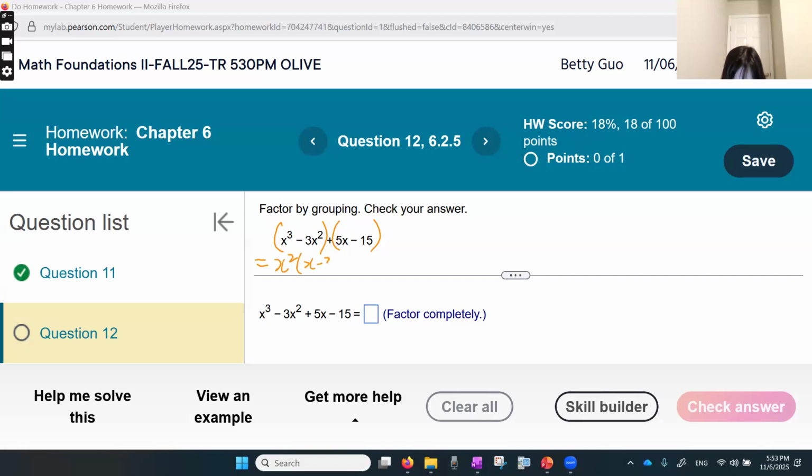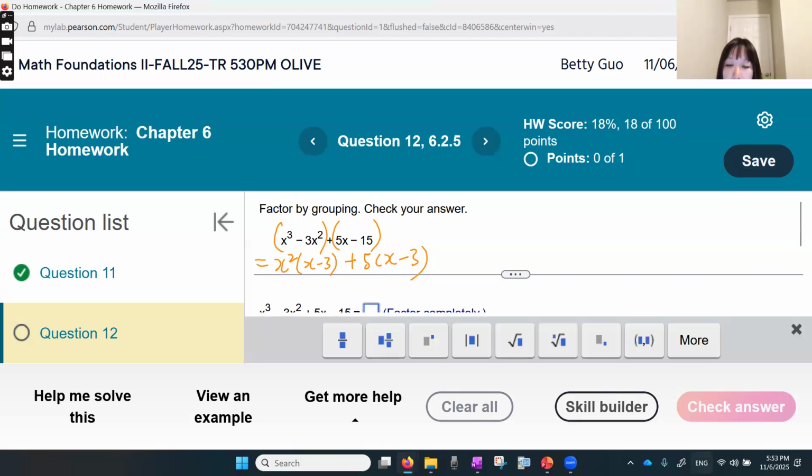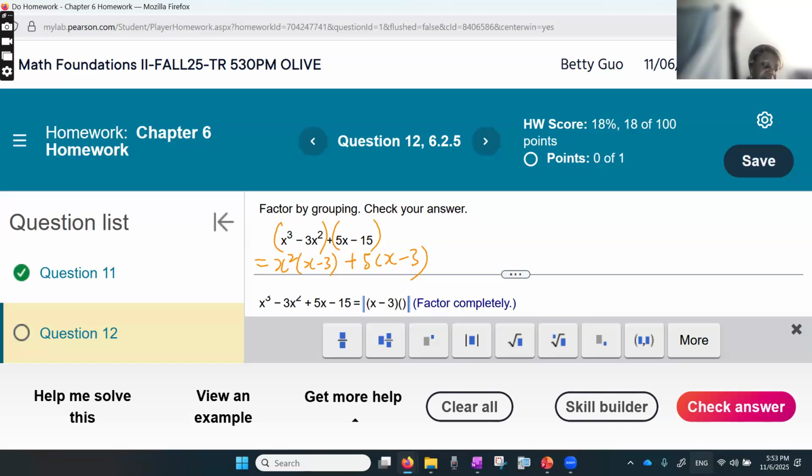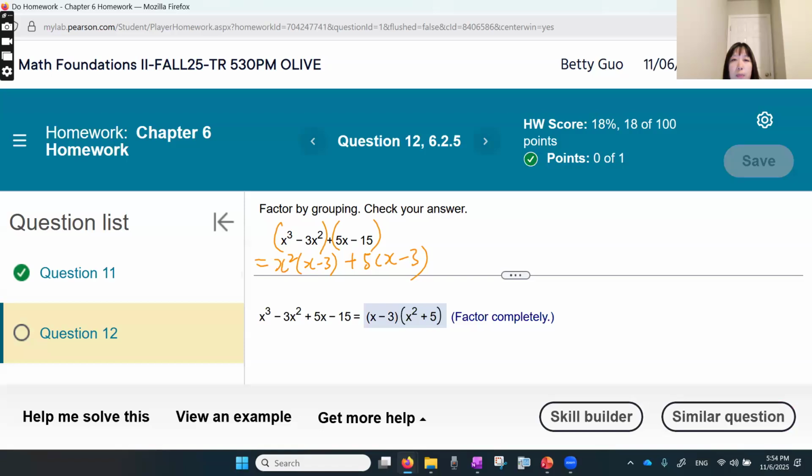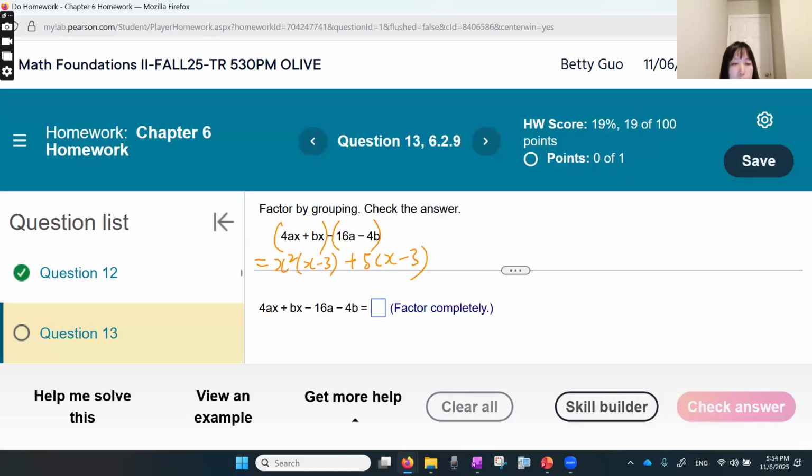So x minus 3. And the second group, 5 out, x minus 3. Right? So the common binomial factor is x minus 3. And then leftover x squared plus 5. Exactly. X to the power of 2 plus 5. And that's it, just like that. Right? I don't think it's bad.